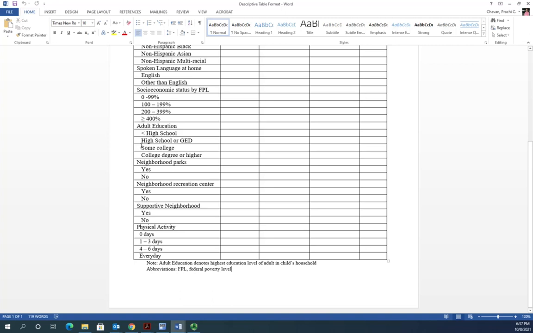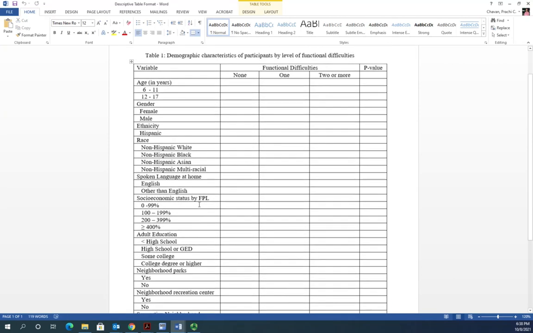Because under adult education, I am using another term to describe GED, which is high school, right? So high school or GED. So I need not necessarily write an abbreviation for GED because I'm already giving an alternative term for it, which is high school education. So this way, I have compiled this descriptive table, which is basically Table 1.